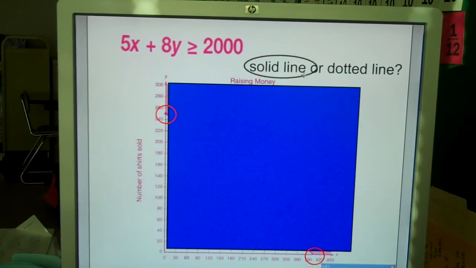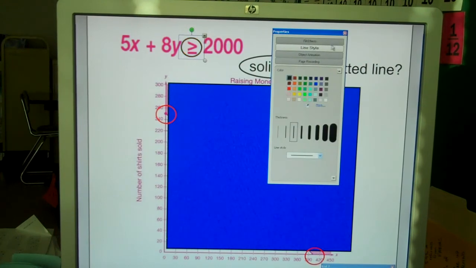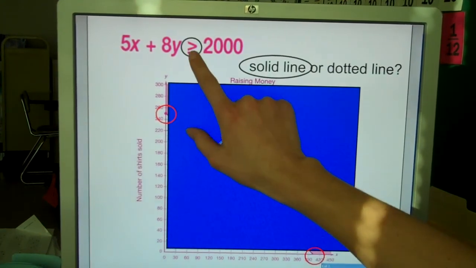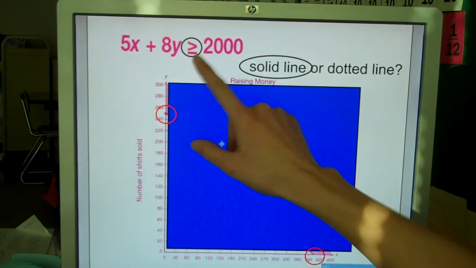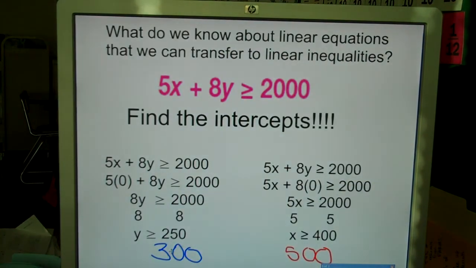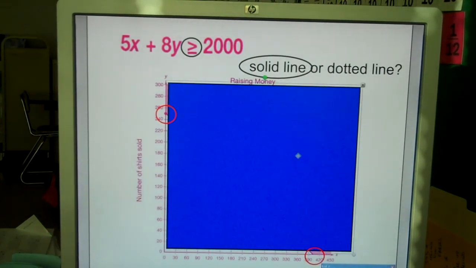Yes, it is a solid line because of this symbol right here. Okay? That makes it a solid line. So when we graph it, we are going to have a solid line. But this says greater than or equal to. So when we go back, my y values, I can have anything bigger than 250.